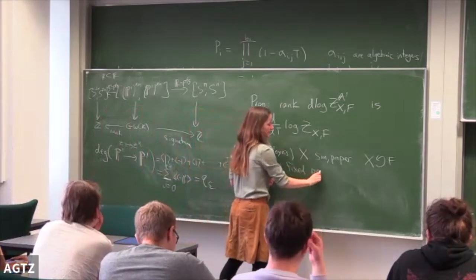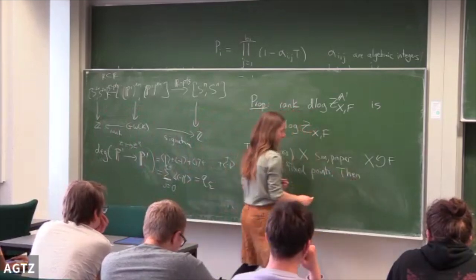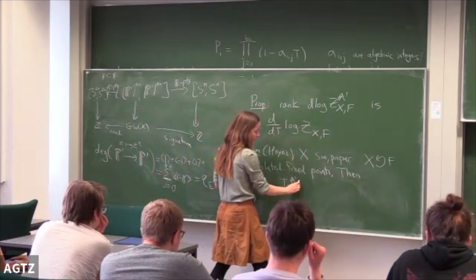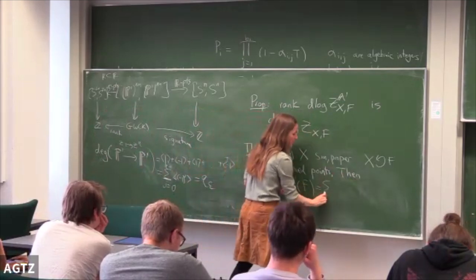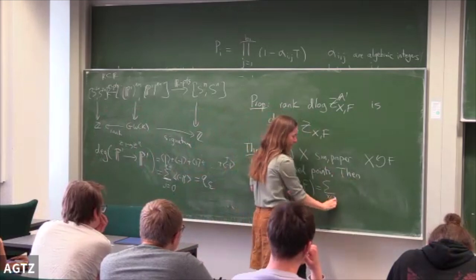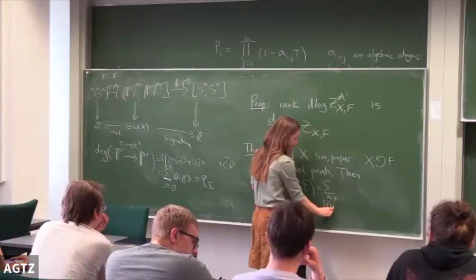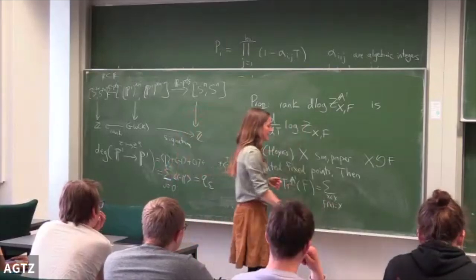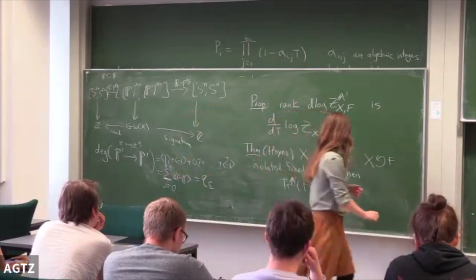Then the trace of f is equal to the sum over the fixed points of an index of f at the fixed points.